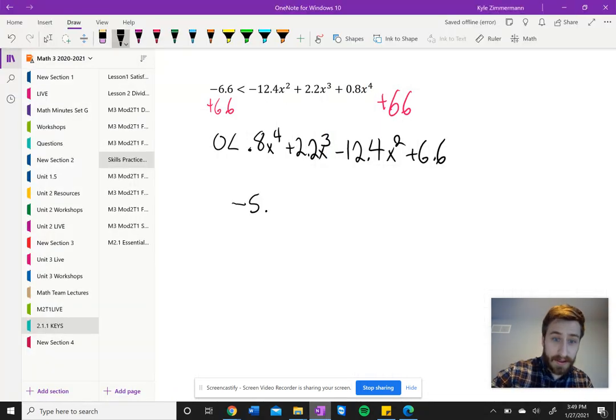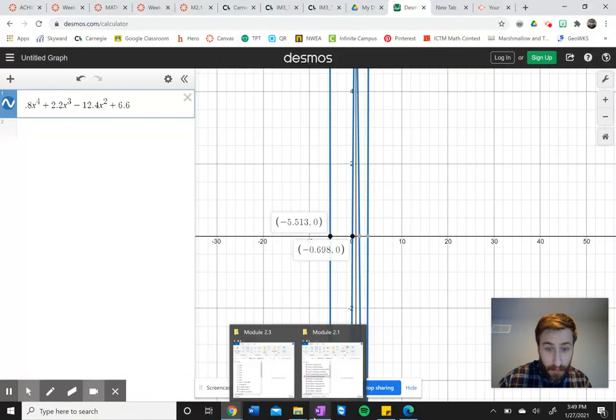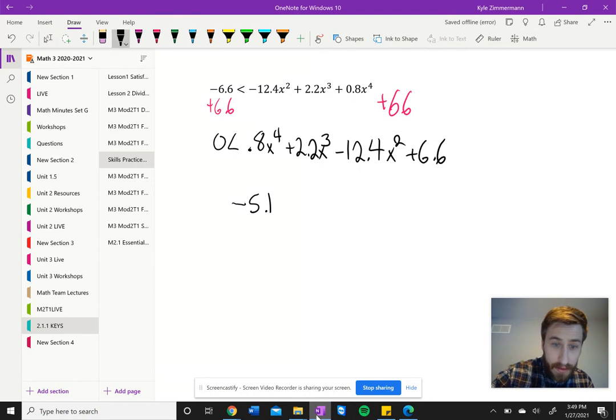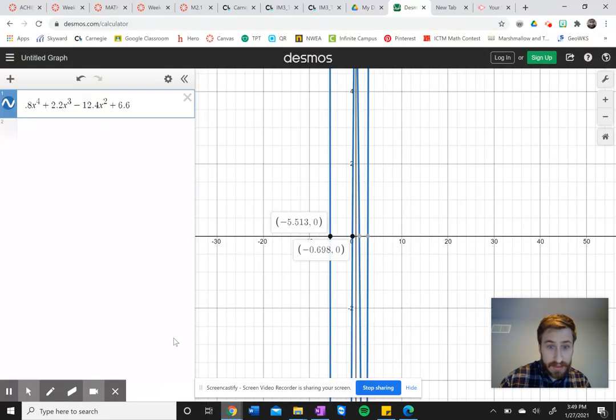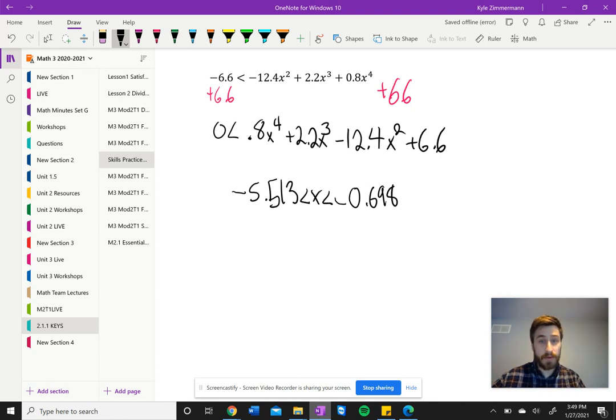Negative 5.513, and then the second one is 0.698. So my x value could be between those 2 points.